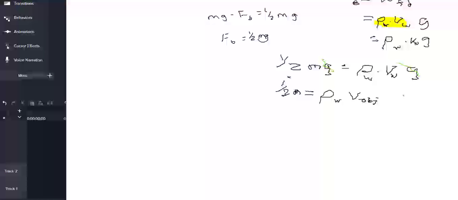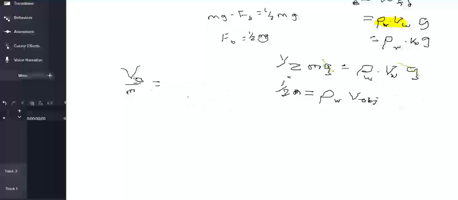If we look at our object as a whole, our total volume over our mass, actually I'm not sure I'm going to need that, so we'll come back to that if we need it.